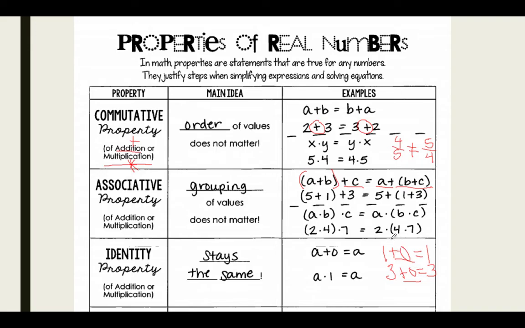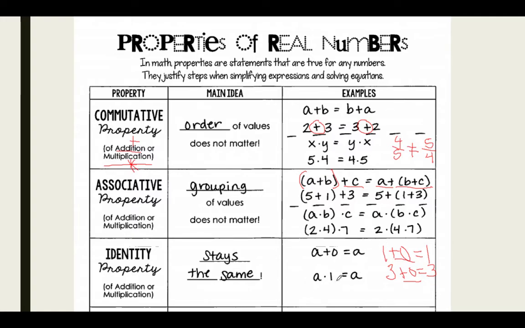And I'll say this a million times in class, mathematicians are very lazy and they are not going to write anything that they don't need to. If you need it to help you out, totally fine, but we would not really want to write a plus 0 because it takes more time than just writing 3. So if you add 0 to anything, it's going to equal whatever that thing is.